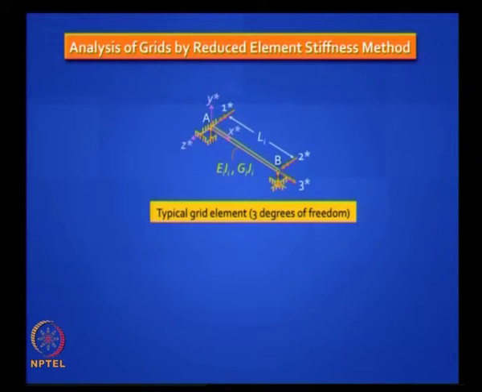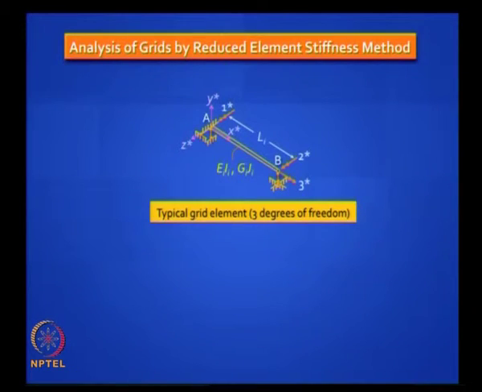So now we are dealing with a 3 degree of freedom system, 1 star, 2 star and 3 star. The 3 star is the new addition that you have over the beam element, right, and the direction of it is pointing outward, it is a double arrow head, and you need to give it a new interpretation. Earlier, remember, when we had the axial element we had a single arrow pointing outward.